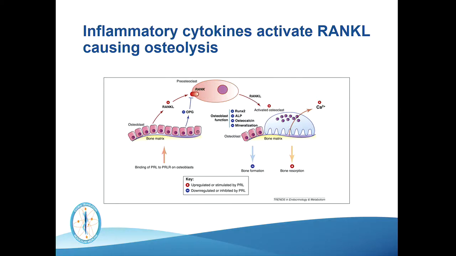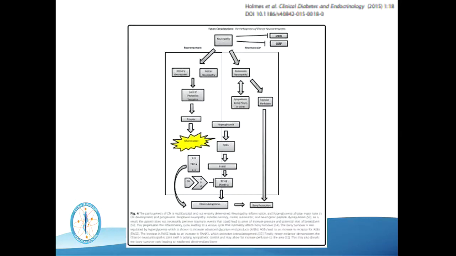This activates the RANKL pathway, which changes pre-osteoclasts into activated osteoclasts, which causes lots of osteolysis. This is the normal mechanism for bone healing because this will be inhibited by the OPG pathway, but there's something that goes wrong during the activation by the Charcot foot, whereby this inflammatory process goes unchecked.